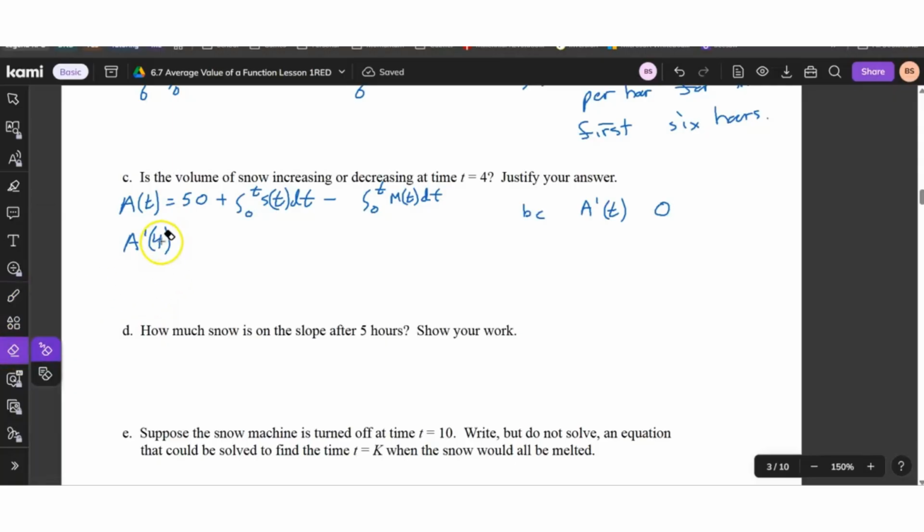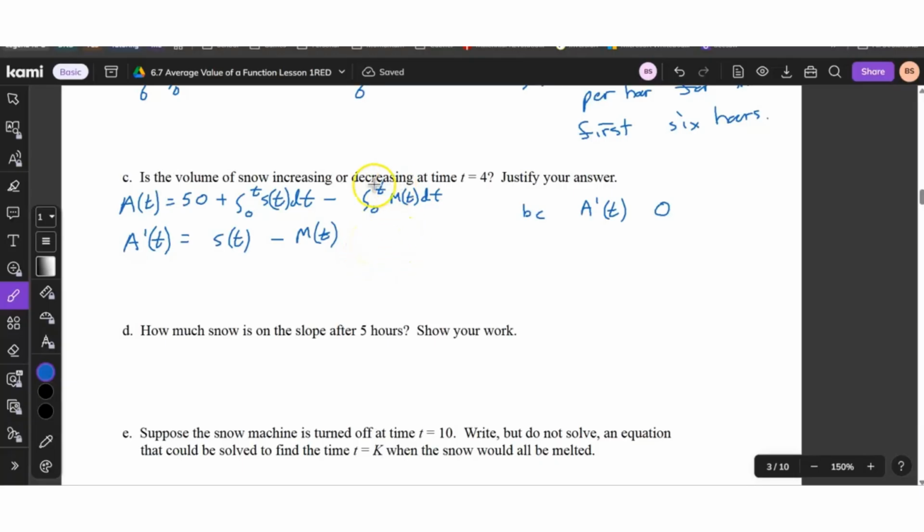Actually, probably what we should do then is just find A prime of t first, which is nice and easy. The 50 goes away. The integral of S of t is just going to be S of t minus M of t, because it's from 0 to t.